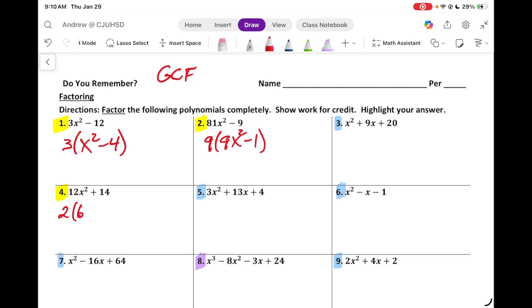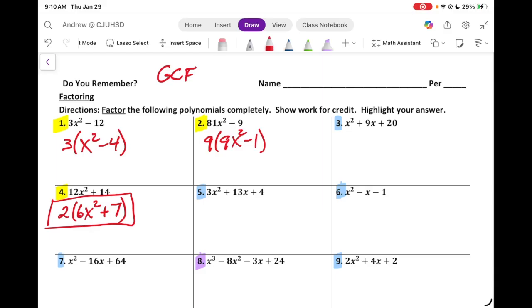We've got 6x squared plus 7. Now, inside the parentheses, you see if you can factor it more. On number 4, that's it. That doesn't match any of our patterns. That's already factored. End of story.